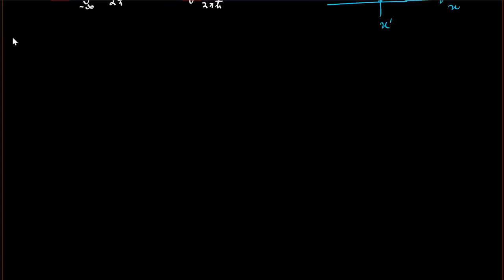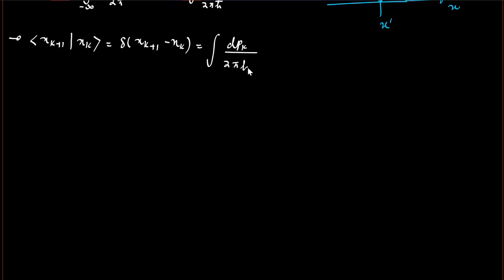I can express this function, that is <x_{k+1}|x_k>, as the delta function, delta of x_{k+1} minus x_k, and in Fourier space I can write it as the integration of dp_k divided by 2 pi h cross, e to the power i by h cross p times (x_{k+1} minus x_k).